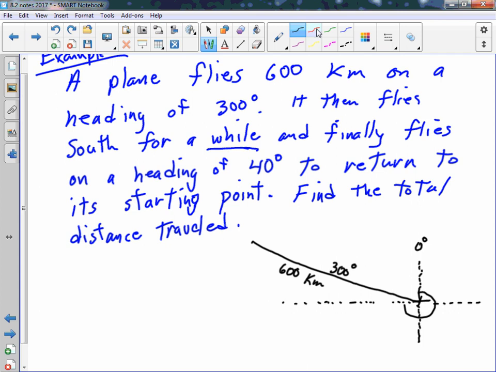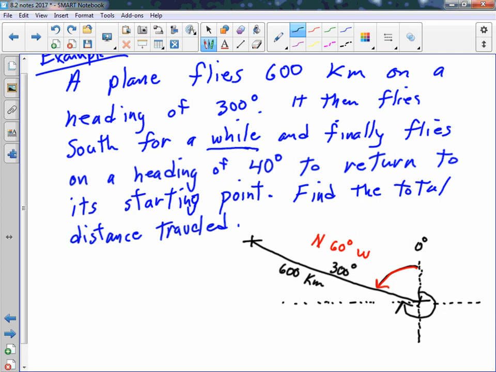Same thing. I wanted to go red. We could also say that this is north 60 degrees west. It's 300 degrees if you're going clockwise from 0 as a heading or an azimuth to some point.